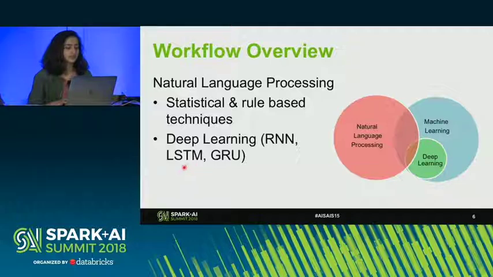As the name suggests, they take a longer context of the previous inputs into consideration when evaluating the output for the current node. And then we have GRUs, which are gated recurrent units. These are also better at estimating long-term dependencies, and they work efficiently over small data sets.